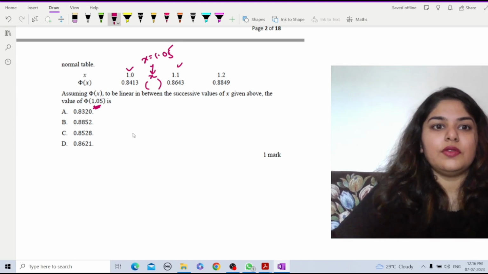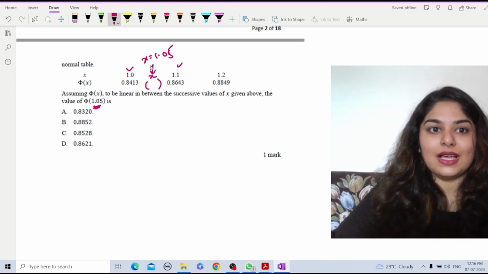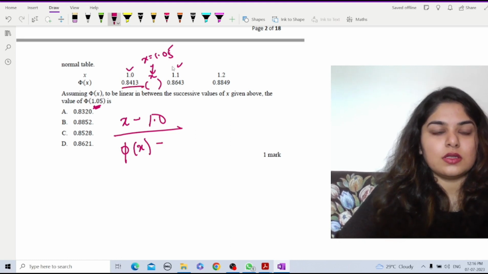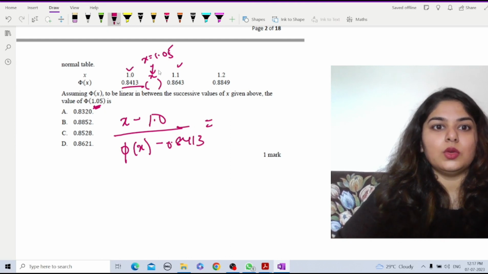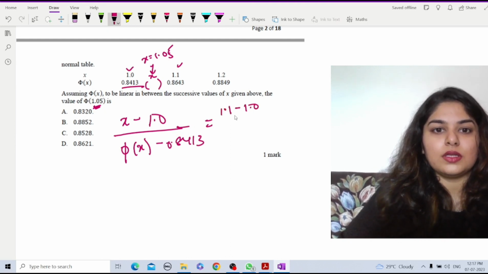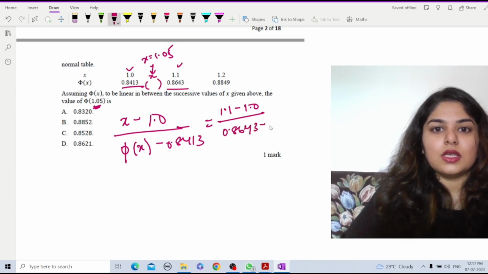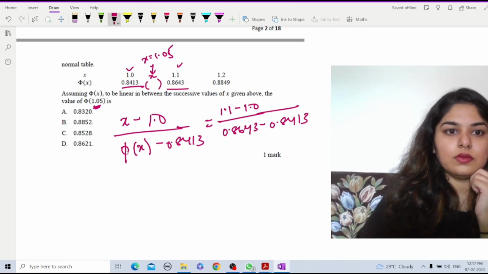Then using the method of interpolation, we can write down the formula as x minus 1.0 by phi x minus the corresponding value 0.8413 is equal to the interval, that is 1.1 minus 1.0, by the corresponding values, that is 0.8643 minus 0.8413. Okay, let us solve.